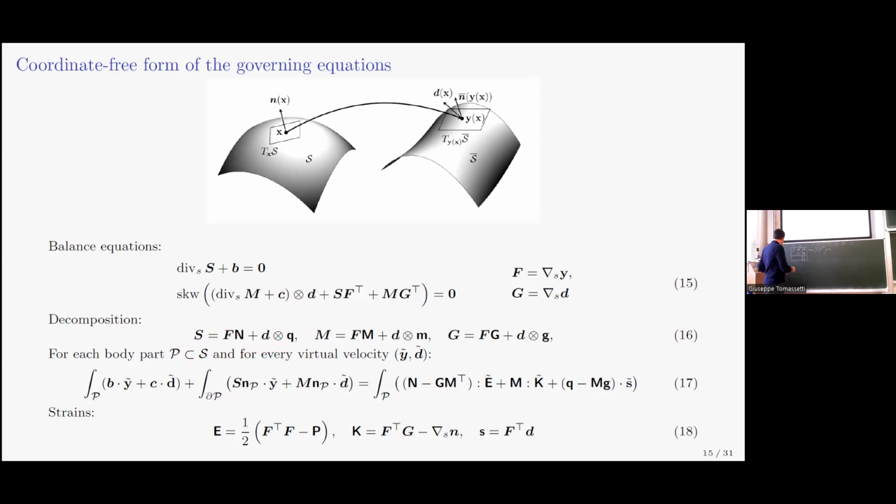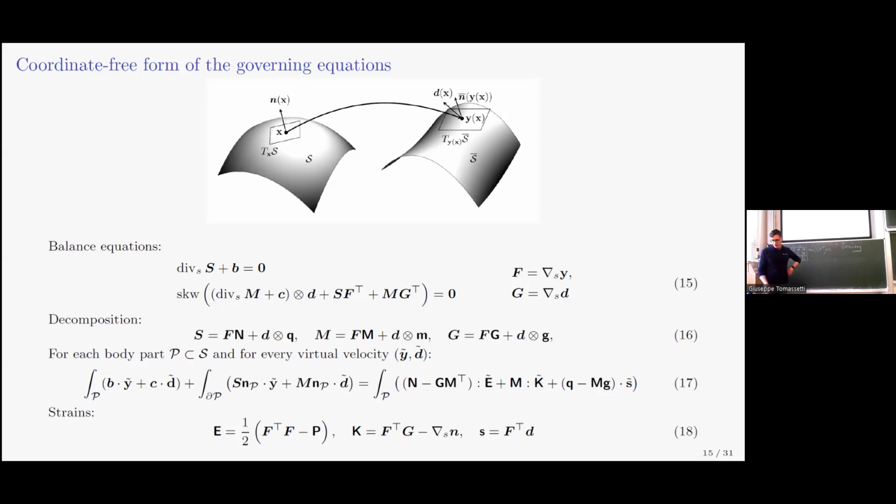Again, if we were in three-dimensional continuum mechanics and we wrote this equation, N would be the second Piola-Kirchhoff stress tensor, okay? But here you have an additional term, which is this one, and this takes into account shearing forces, okay?